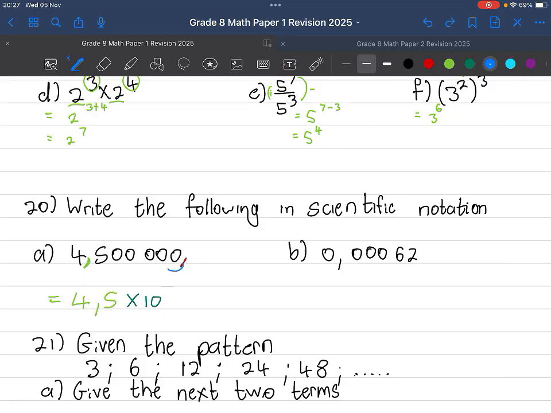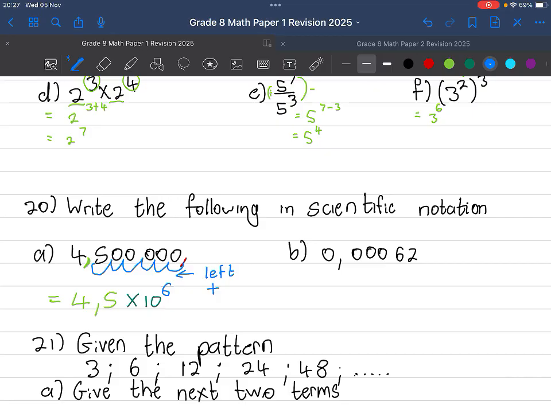It's moved 1, 2, 3, 4, 5, 6. So it's moved a total of 6 times. If the comma has moved to the left, as we see in this example, then your exponent will be positive. That means if it moves to the right, your exponent will be negative.